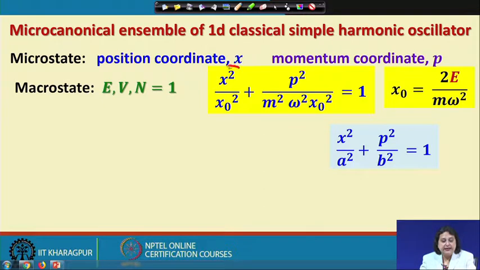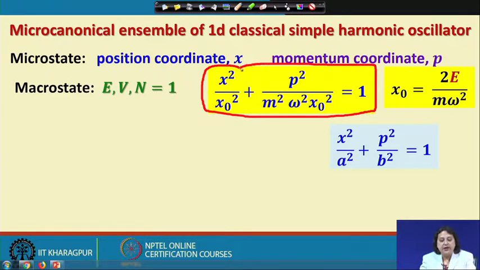I understand that this expression is telling me what are the possible values of x and p that obey this constant condition of E, where E is a constant, therefore, x naught is a constant for a given system of m and omega.